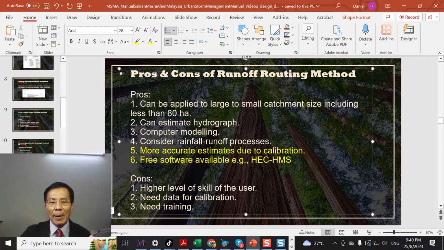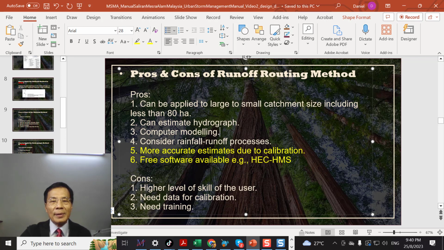So that solves the problem for the acquiring data for calibration. You do not need to acquire data. You can use the hydrological procedure to calibrate the model.